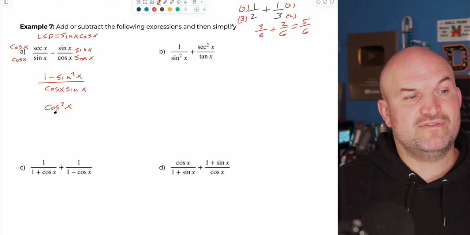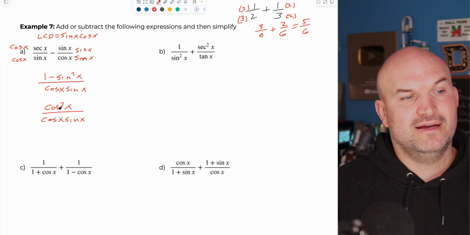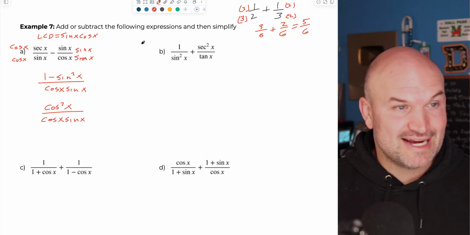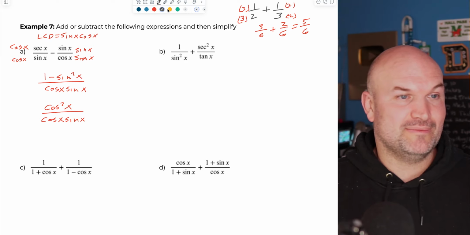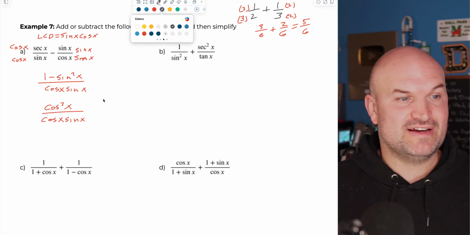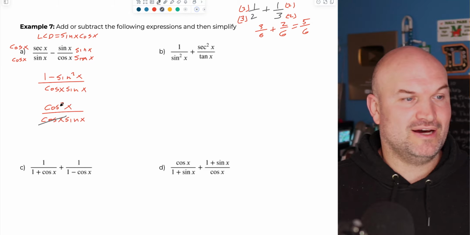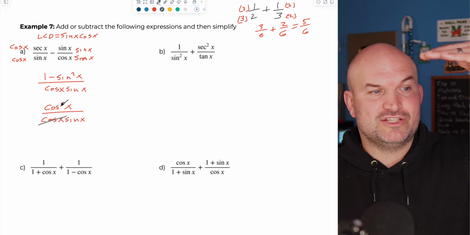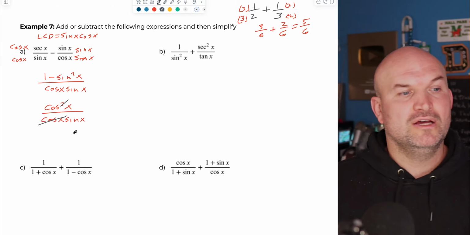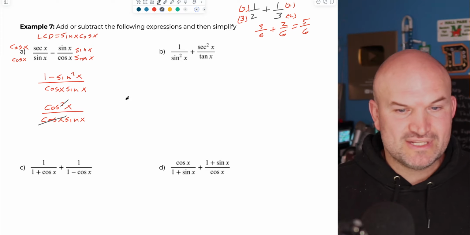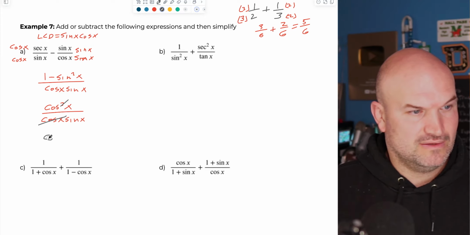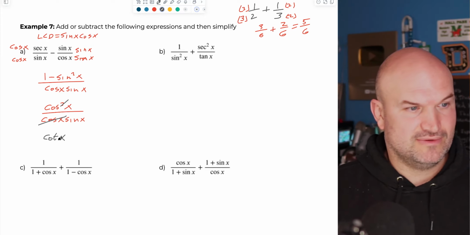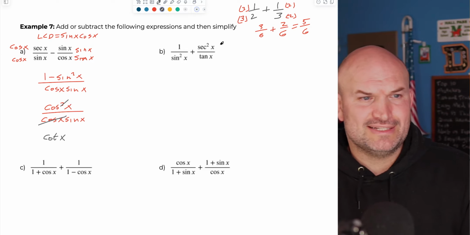So it's cosine squared of x all over cosine of x times sine of x. And again, remember that's a double, like sine of x, right? So you can think about that as 2 cosines of x being multiplied. So that's going to divide out, and that's going to leave me with just 1 cosine over sine, which is just going to give me a cotangent of x. Cotangent of x. Voila.